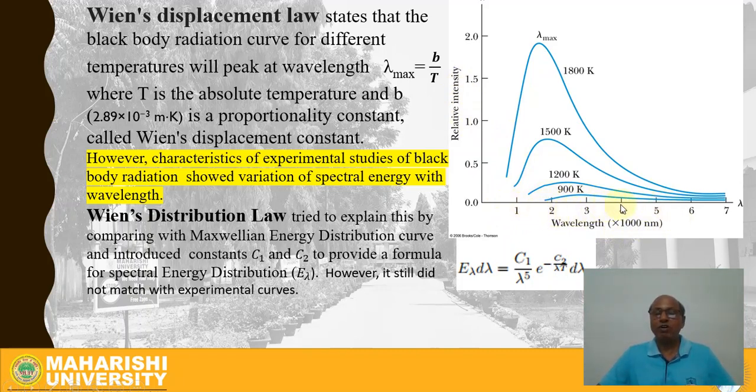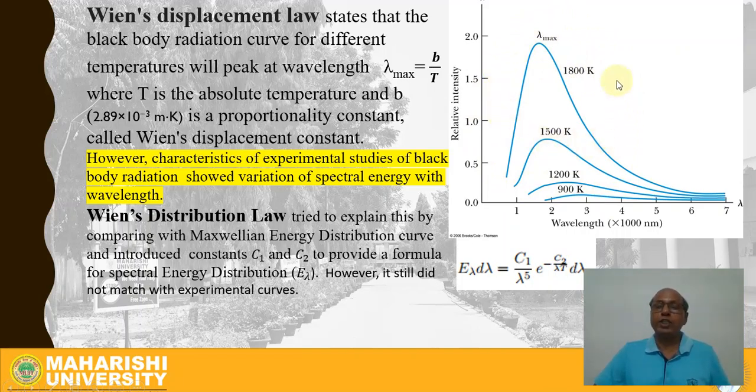And this radiation had its peak at different wavelengths. That means each temperature of this black body had a peak at a different wavelength. So this was the experimental observation.